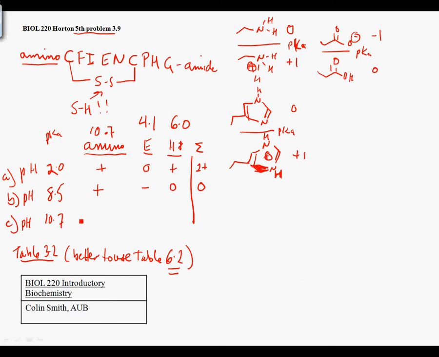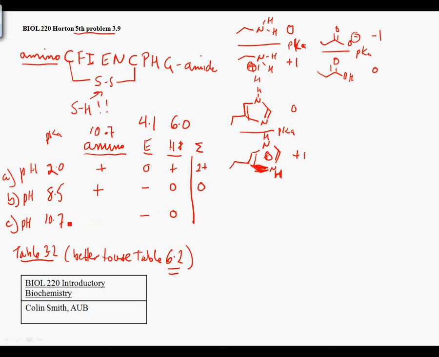At pH 10.7, we have a bit of a complication because that's the pKa. So let's do this a little more carefully. Let's do the glutamate first. The pH is now well above its pKa, so it has a negative charge. For histidine, well above its pKa, so it is now unprotonated and neutral. And we have a little bit of confusion with the amino.